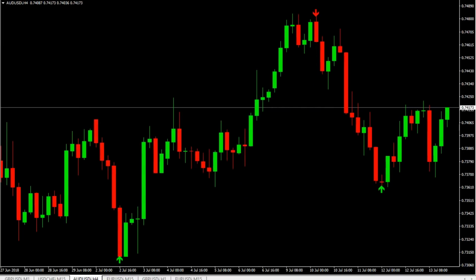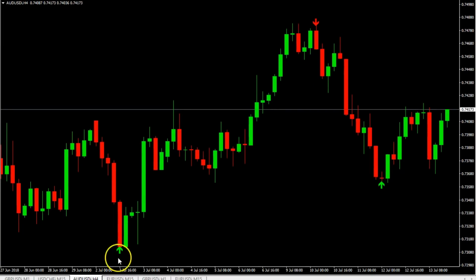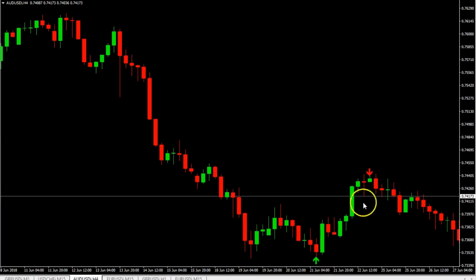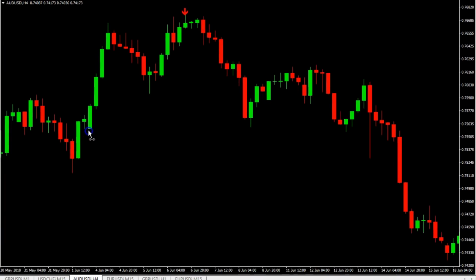There it is. So you see these are the arrows which are giving you signals to go long or to go short and then go long. But we don't set our trading only on this indicator. So there need to be confirmation as well.